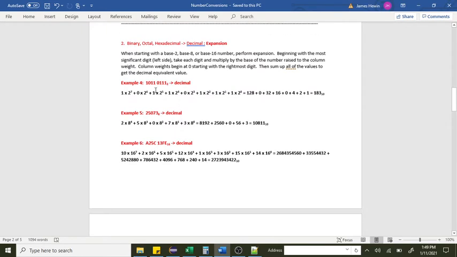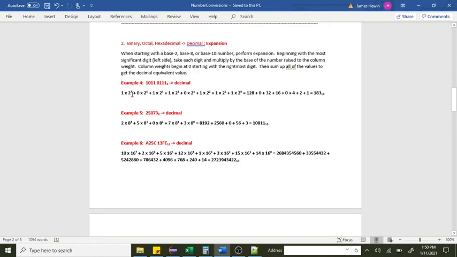Okay, so let's look at examples 4, 5, and 6. Example 4 is a binary number, so it is a base 2 number. I go from column 0 up to column 7. Beginning with the most significant digit, I take the digit, which is a 1, multiply by the base of the number, which is 2, raised to the column weight, which is 7.